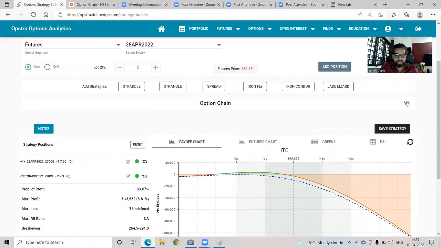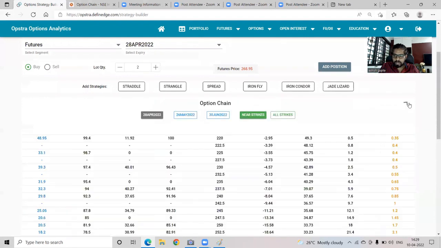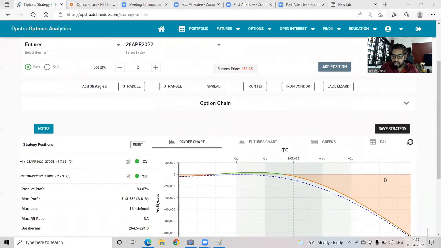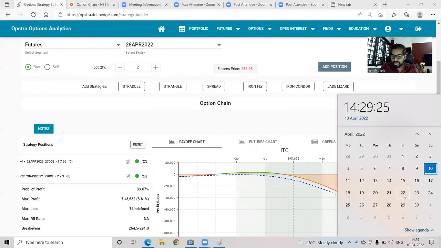Obviously, give importance to your position sizing and try to get out one week prior to the expiry. So this trade might be good to hold till the 22nd. I think expiry is the 28th.